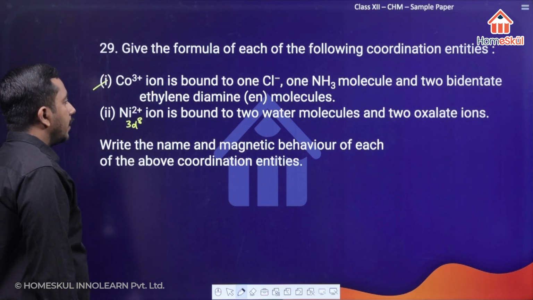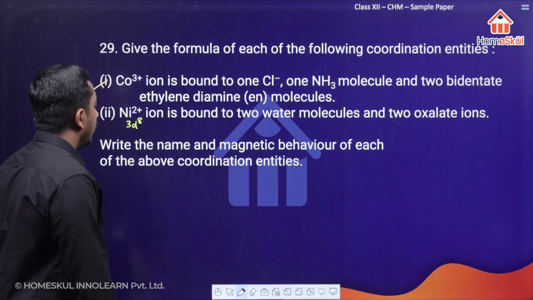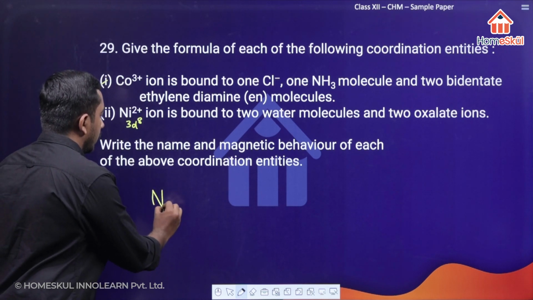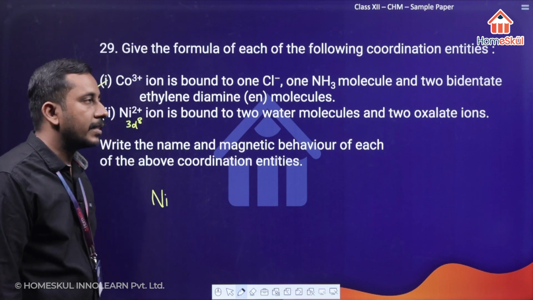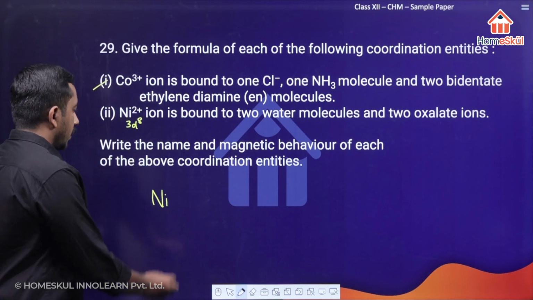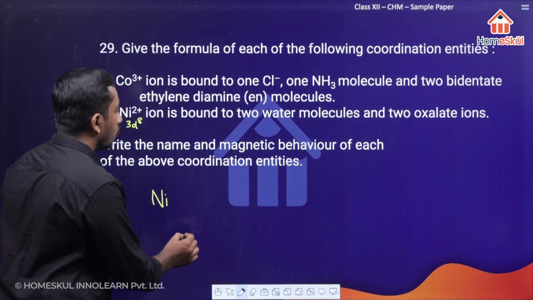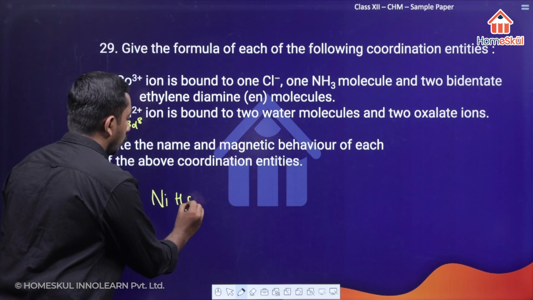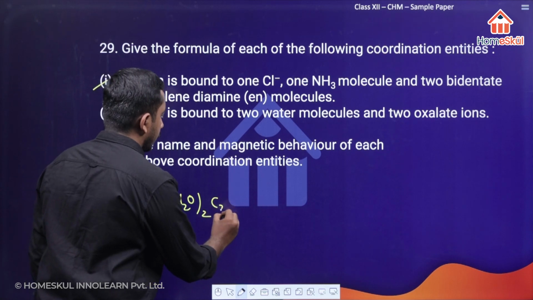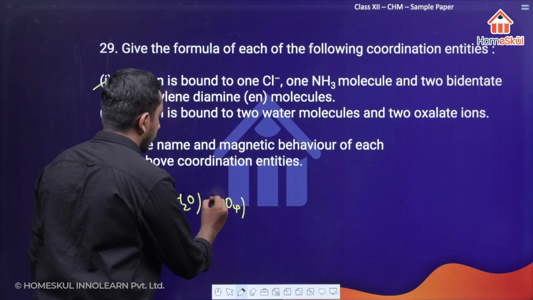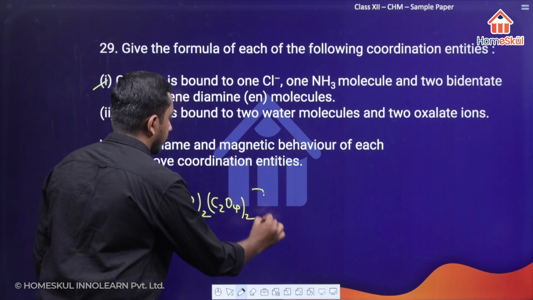Right. So we have to write the formula of the compound then. Nickel is our central metal atom, and then we have water and oxalate as the ligands. So we have two water molecules, that is H2O twice, and two oxalate ions, that is C2O4 twice.